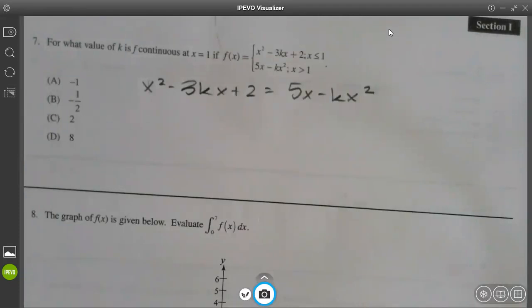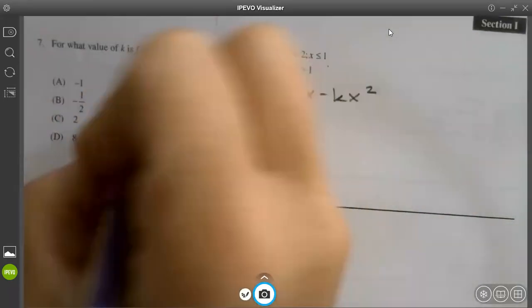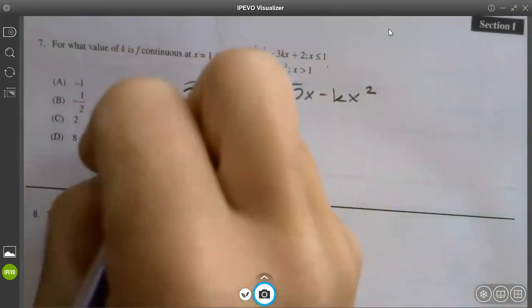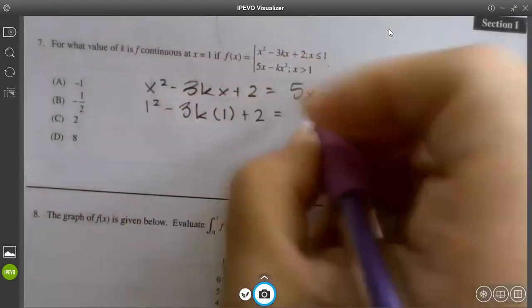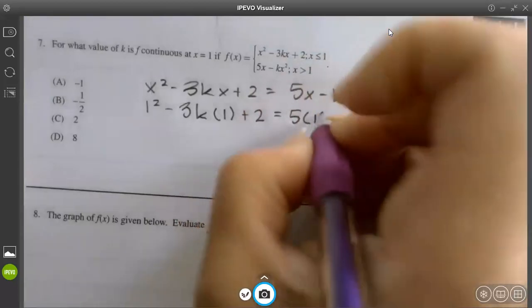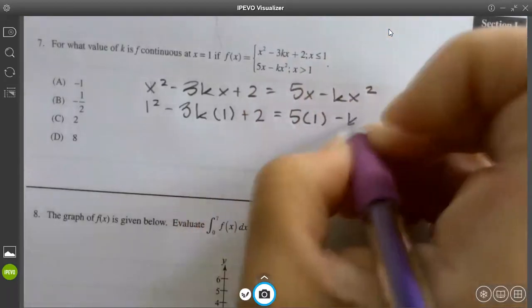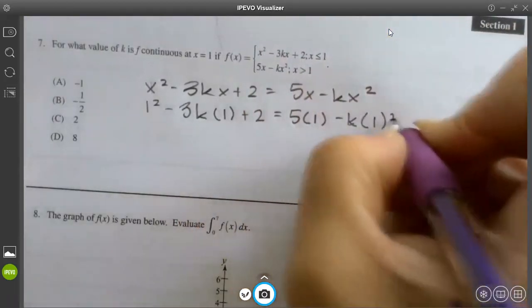Remember, if we take the derivative from the left and the derivative from the right, that's basically what this is, and they come to the same number, it's a continuous function. Does everybody understand that? So we want to make sure that it's continuous. So we set them equal to each other. And then it says that x is 1, so we're going to plug that in. 1 squared minus 3k times 1 plus 2, 5 times 1 minus k times 1 squared.